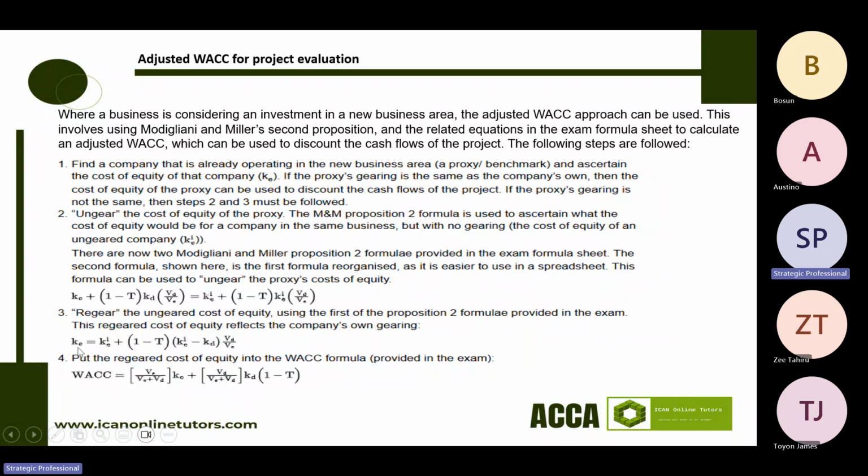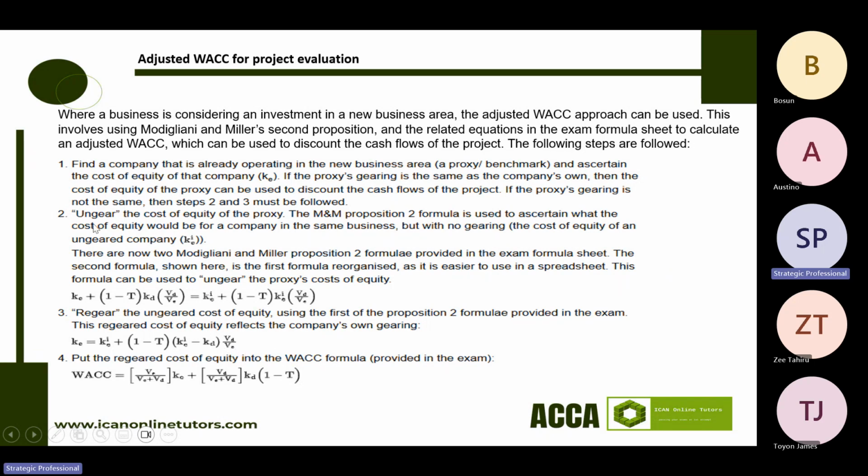For that, you make use of the Ke-u, the ungeared cost of equity you've gotten from number 2, and you flow it back into the formula: 1 minus the tax rate, times the ungeared cost of equity minus cost of debt, which is your own cost of debt applicable to your own gearing structure, multiplied by your own value of debt divided by your own value of equity.